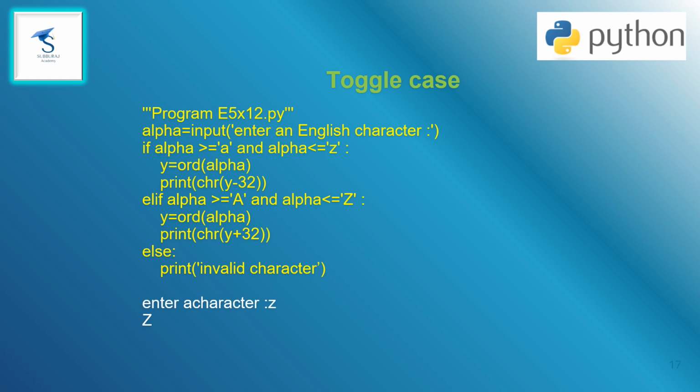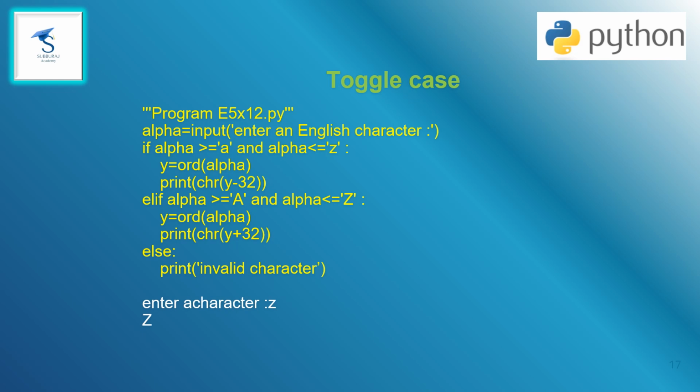Here we are checking whether it is a lowercase letter. If it is false, we are checking whether it is an uppercase letter. If it is so, y is equal to ord of alpha. You get the Unicode code point corresponding to the character and add 32 to it. Add y plus 32. So print.